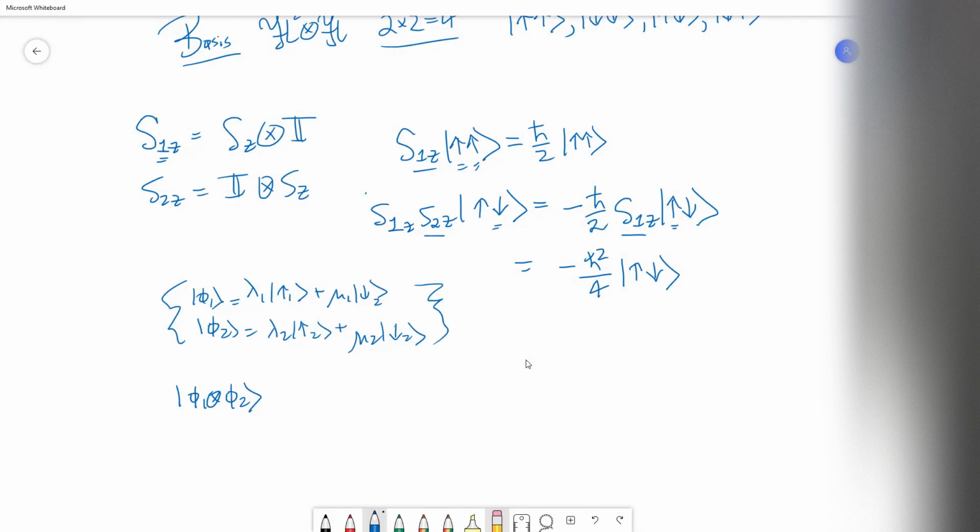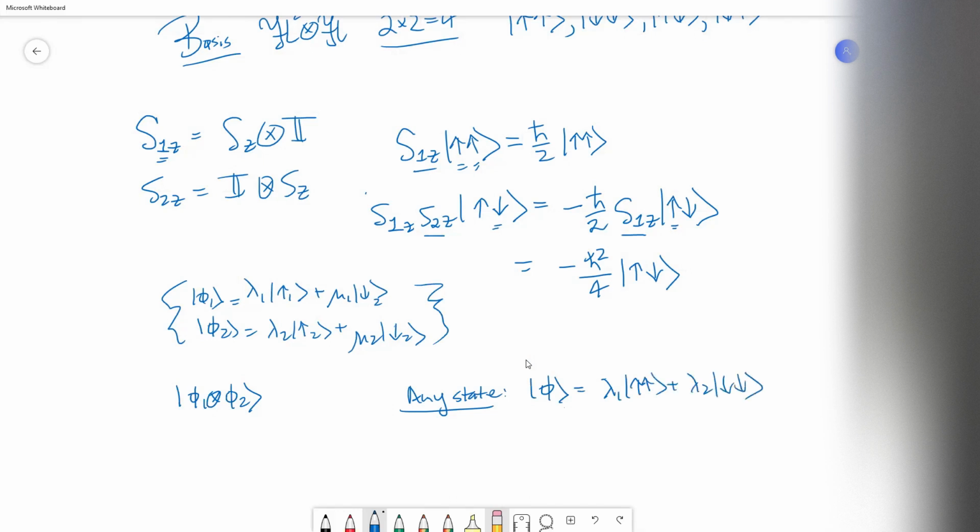Even though any general state, any state inside the tensor product space, can be written in terms of the basis of 4 eigenkets, as, I don't know, lambda 1 up, right, plus lambda 2, because it forms a basis.